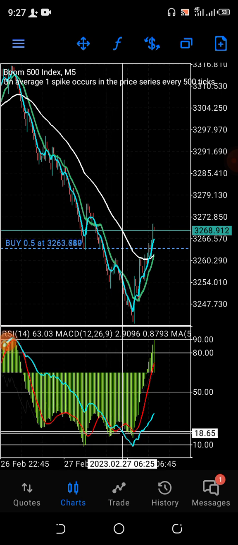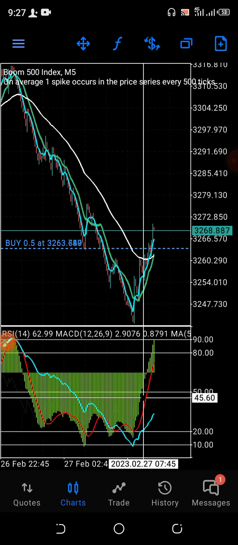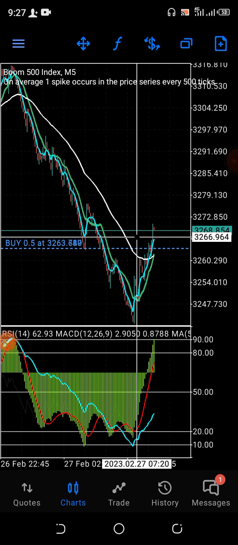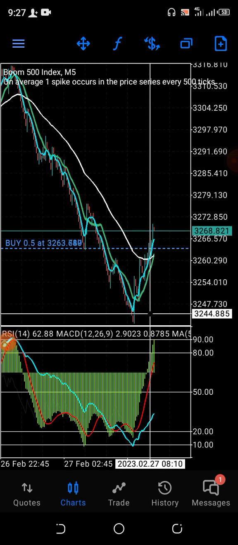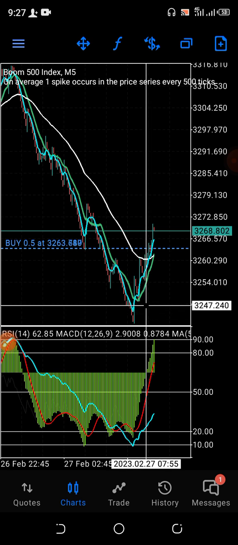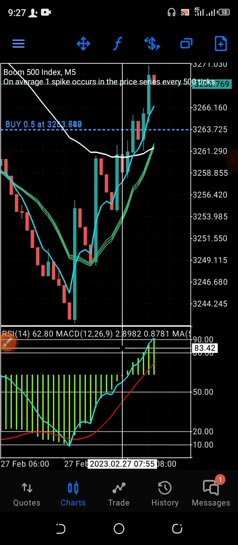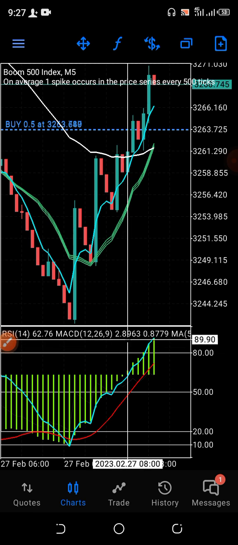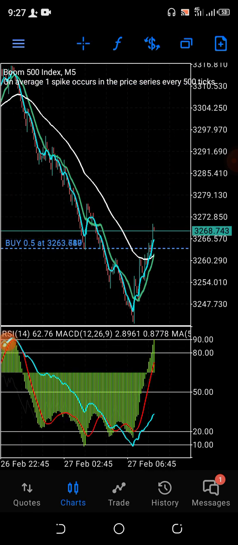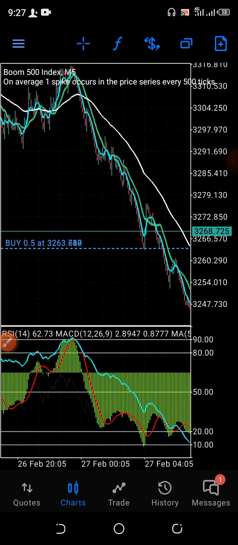Most times, once this happens, follow what we're seeing on the main chart. You notice that the market is reversing. The histogram has changed direction from this angle. Once this happens, you will know that something is about to drop for some time.